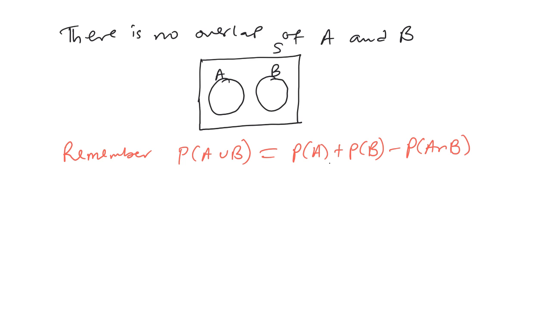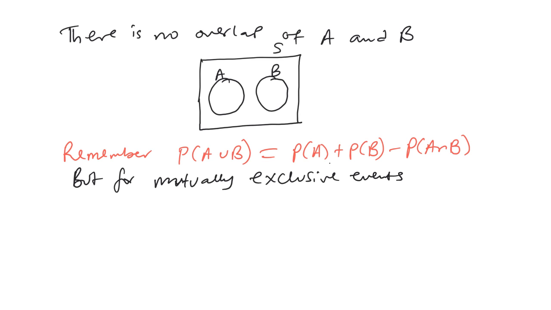But for mutually exclusive events, the probability of A intersection B is equal to 0.